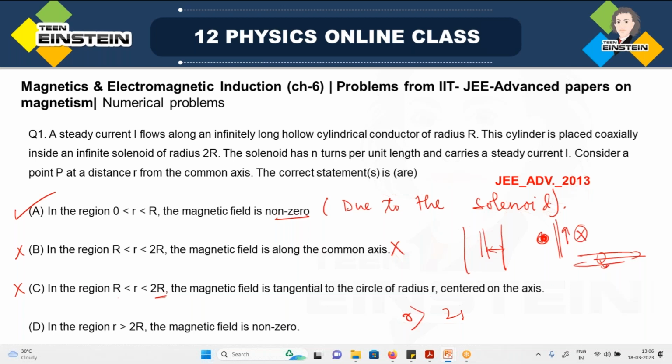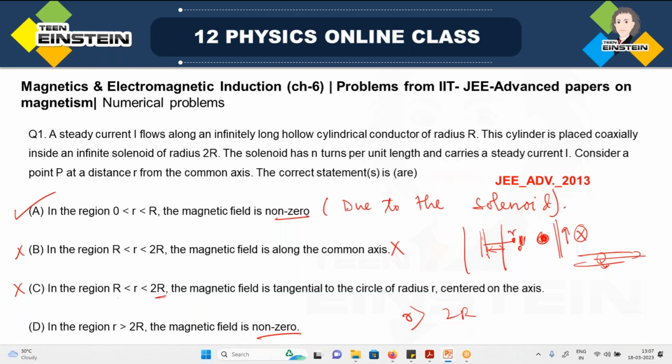What about the last option, in the region r greater than 2R? That means somewhere here, at some distance r, outside the solenoid. Will the magnetic field be non-zero outside the solenoid?